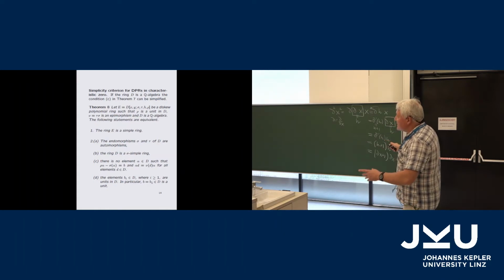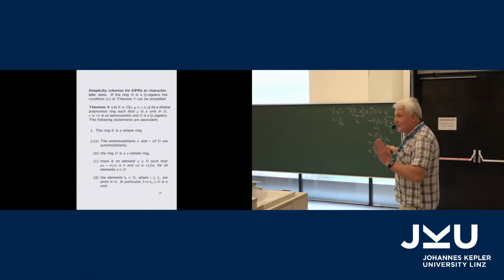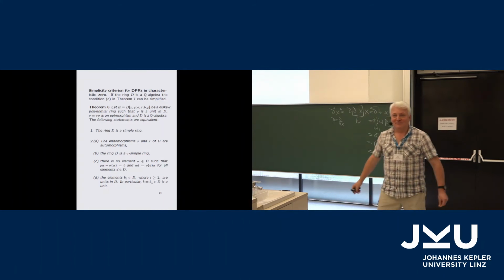You see, the condition consisted of 3 conditions, and here it collapses to 1 condition. And when we look at the example for USL2, this condition is precisely the necessary and sufficient condition for the classical Casimir to exist. So it means if you want to find the Casimir, you have to solve this equation. And these elements are not unit. Okay, thank you very much for your attention.